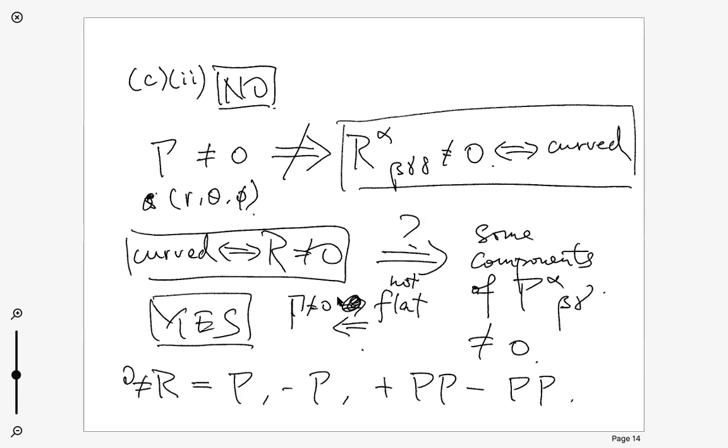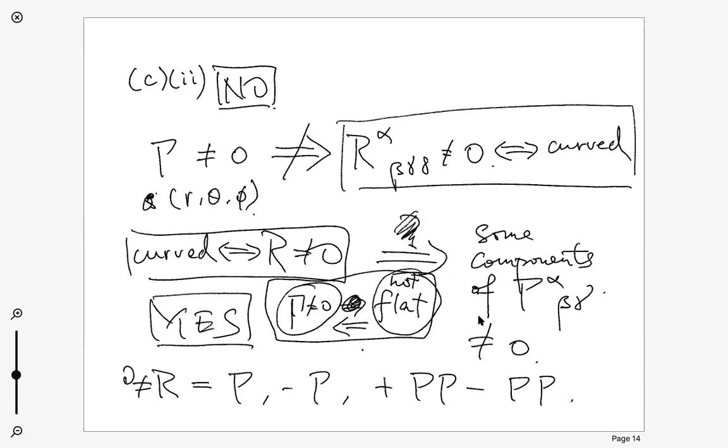So a curved space-time or curved manifold indeed implies that there are some non-zero components of the Christoffel symbol. This is exactly what the second part of the question is asking. So the question mark is going away. The answer is yes.